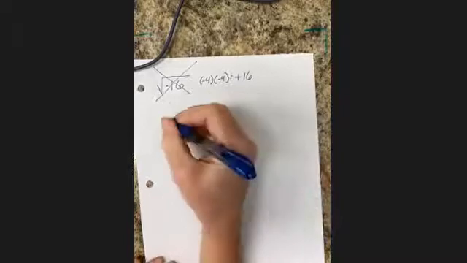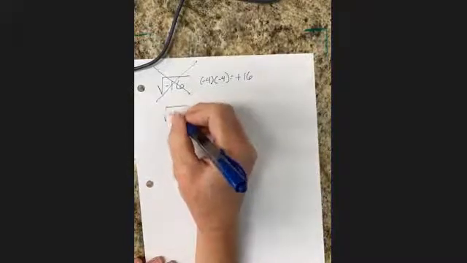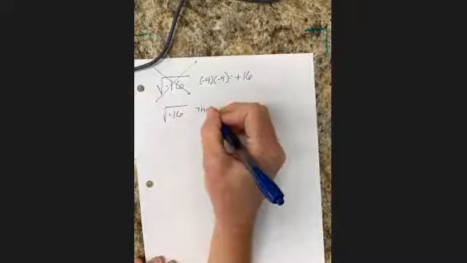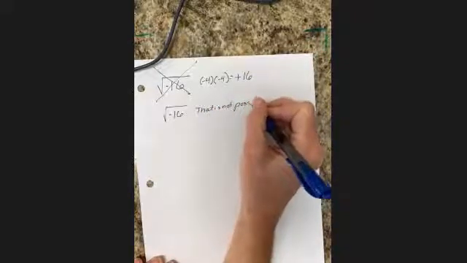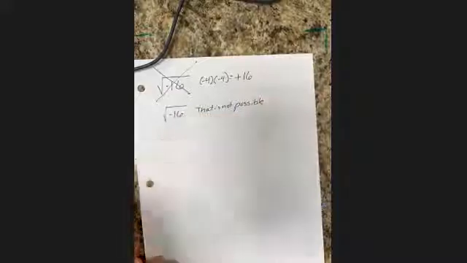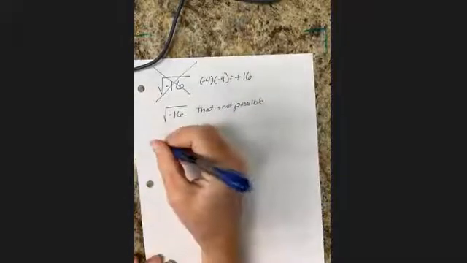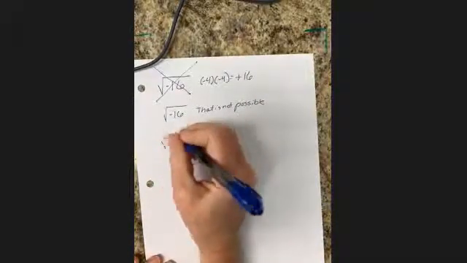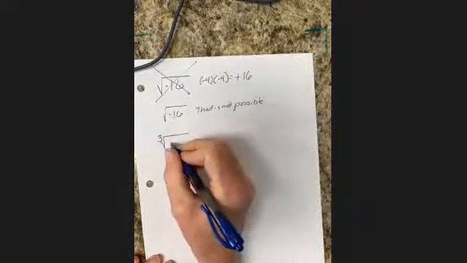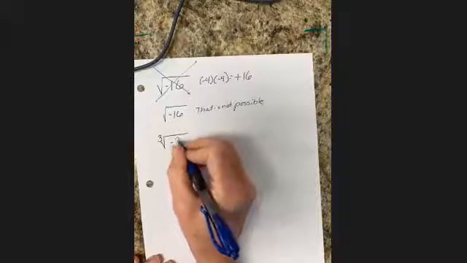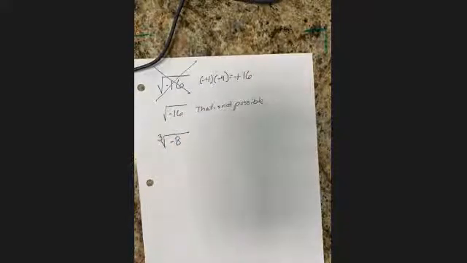So when we say, you know, give me the square root of a negative number, we just say that is not possible. There's no real number that will work there. But what if I say the cubed root of -8? Can we do that? What do you guys think?